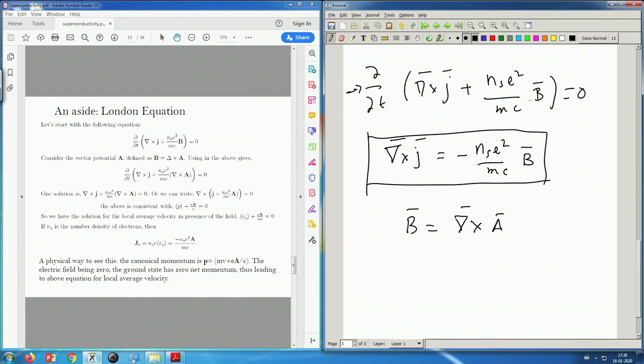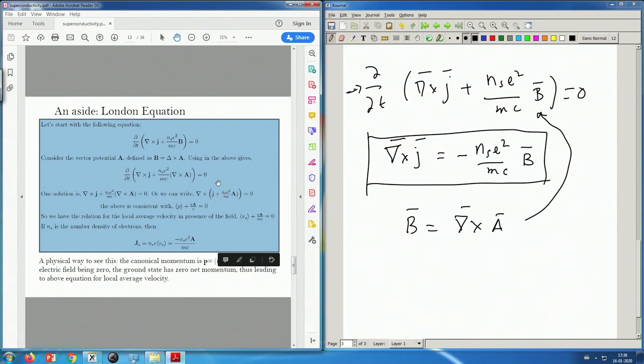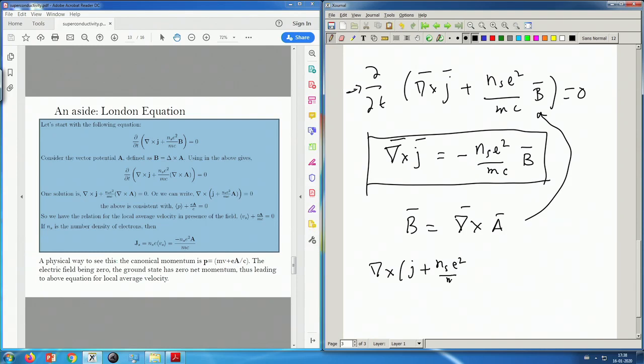Then curl j plus n_s e squared by m c into curl A, both of them are curls. So, this is a solution, for example, where the curl of this quantity is 0, right. So, that means curl of j plus n_s e squared by m c into A equal to 0. Okay.